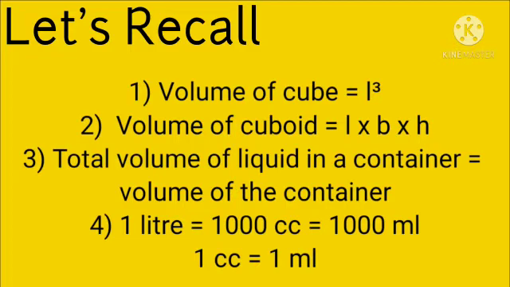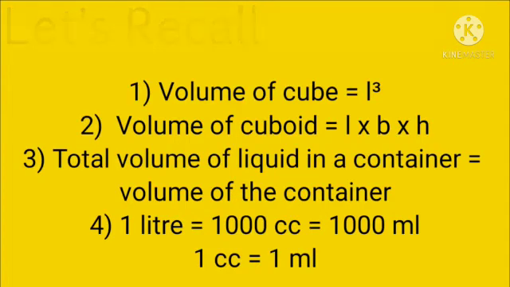Volume of a cuboid is equal to length multiplied by breadth multiplied by height, that is L multiplied by B multiplied by H. Total volume of liquid in a container is equal to the volume of the container. 1 liter is equal to 1000 cubic centimeter, which is equal to 1000 milliliter. That is, 1 cubic centimeter will be equal to 1 milliliter.